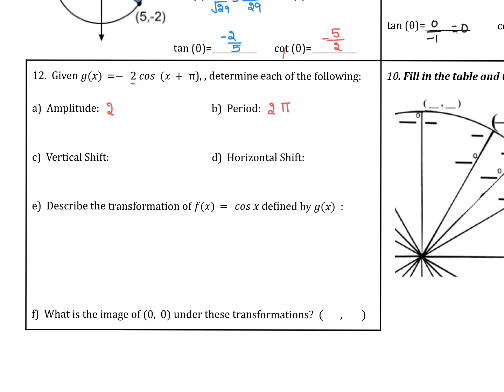If there is a number in front, then you divide 2 pi by that number, 2 pi divided by b. Vertical shift is something added to or subtracted from the cosine function. So there is no vertical shift. Horizontal shift means they're talking about this value, and that is plus pi, which means it's moving pi to the left.